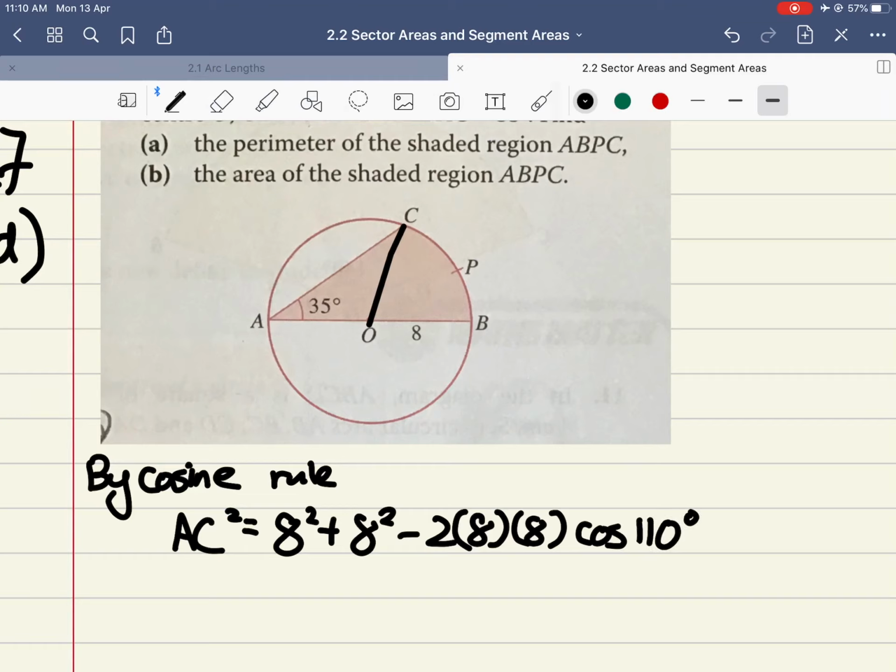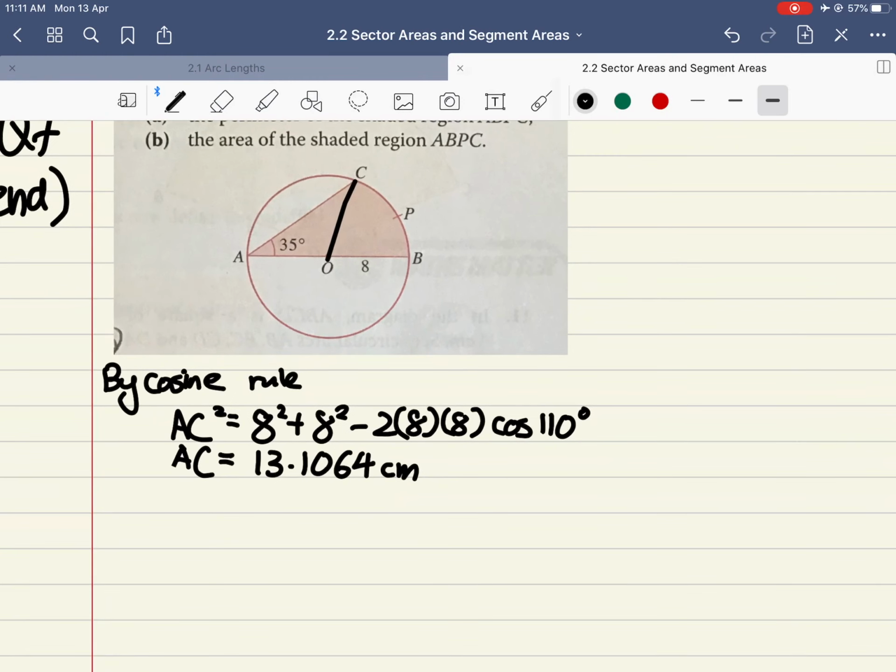So here is minus 2AB cosine of 110 degrees. If you just do your computation, you find that AC is 13.1064 cm. So I found AC.